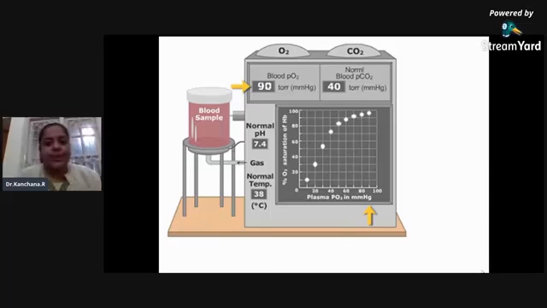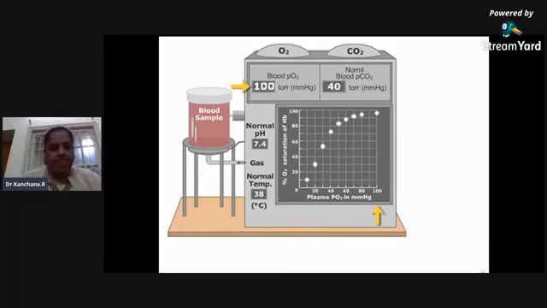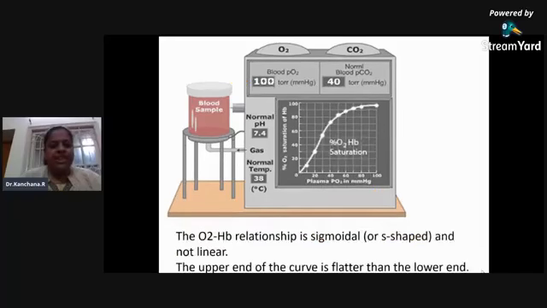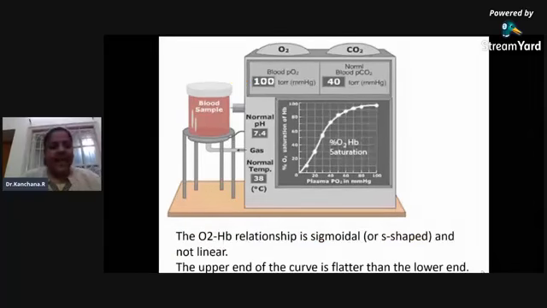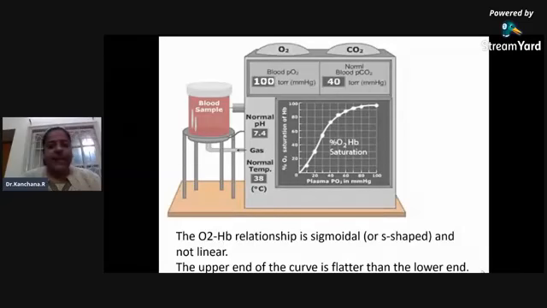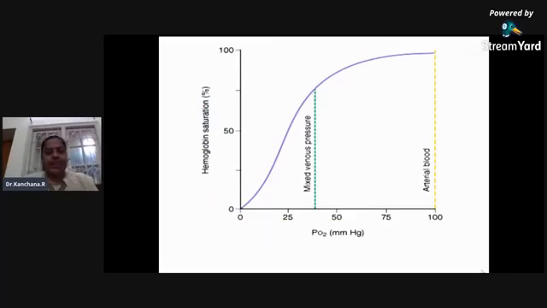That is, as PO2 increases, the percentage oxygen saturation of hemoglobin also increases, but only to a certain extent, after which a plateau is reached. The curve has a steep phase and a plateau phase. The oxygen hemoglobin relationship is sigmoidal or S-shaped and not linear. The upper end of the curve is flatter than the lower end.